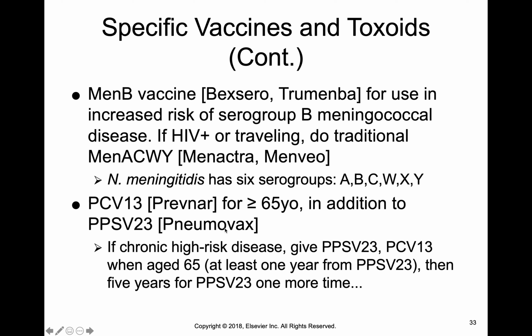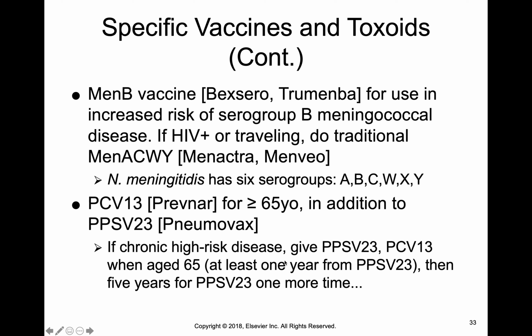Now, the dosing schedule has gotten really confusing, so I recommend you look it up. But basically, if you have a chronic high-risk disease, like diabetes, severe asthma or bronchoconstriction, anything that would really put you at risk for getting pneumonia as you get elderly, you would get 1 injection of Pneumovax, and then you would get 1 injection of Prevnar when you turn 65, and it has to be at least 1 year from the prior Pneumovax injection.